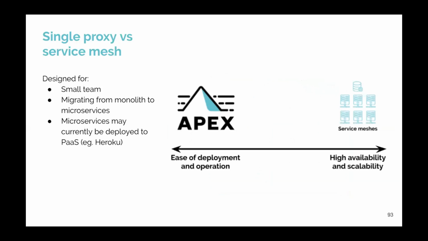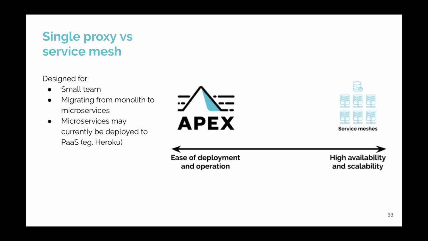So Apex, a single proxy solution, compares to a service mesh very generally in this way: Apex is fairly simple to deploy and operate since it is one core component that works together with a handful of additional components, as opposed to at least one additional component for every service in your architecture, as would be the case for the service mesh.